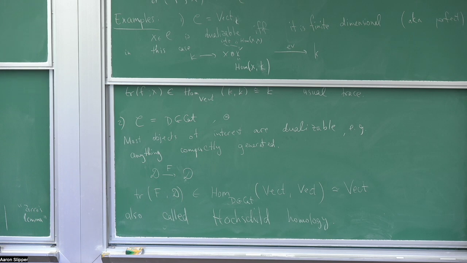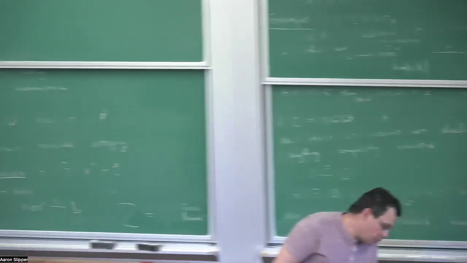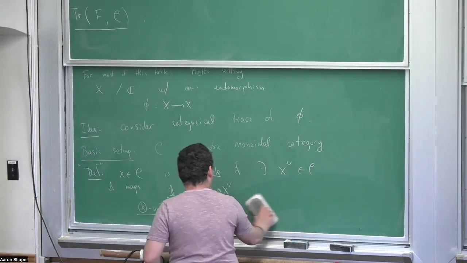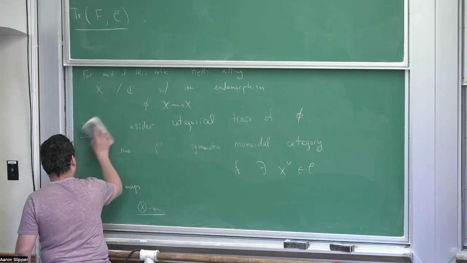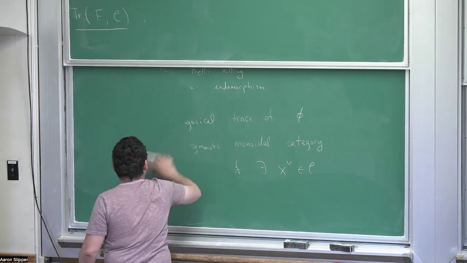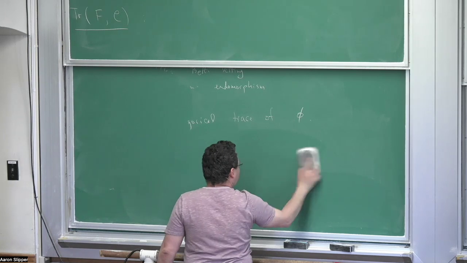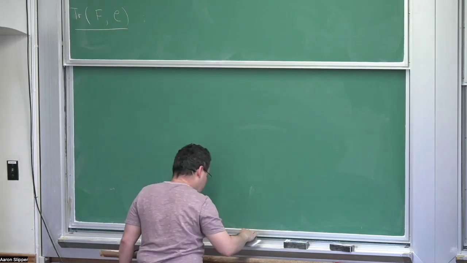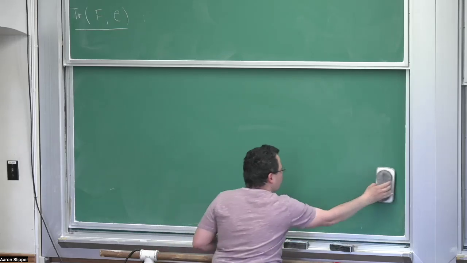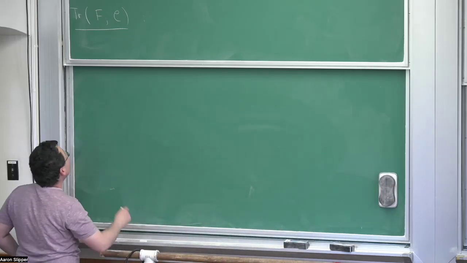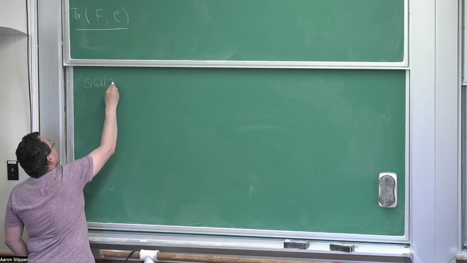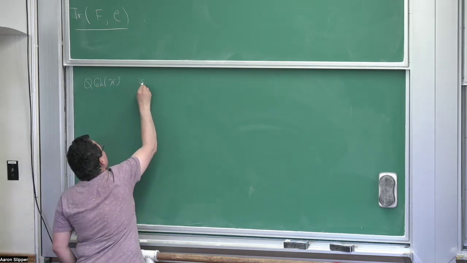Okay, so for this, I need to follow the algorithm. In this case, finding O of X is actually self-dual.